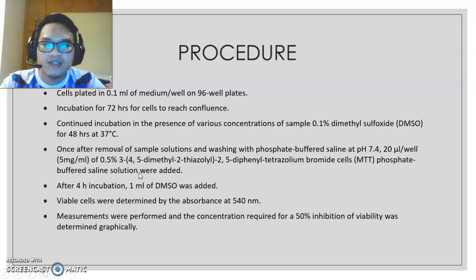Phosphate buffered saline solution will be added into the solution and medium. After 4 hours of incubation, 1 milliliter of dimethyl sulfoxide will be added. Viable cells were determined by the absorbance at 540 nanometer. Measurements were performed and the concentration required for a 50% inhibition of viability was determined graphically.